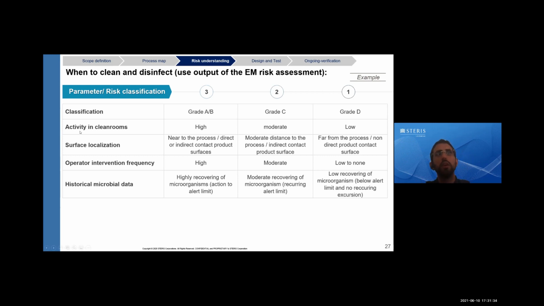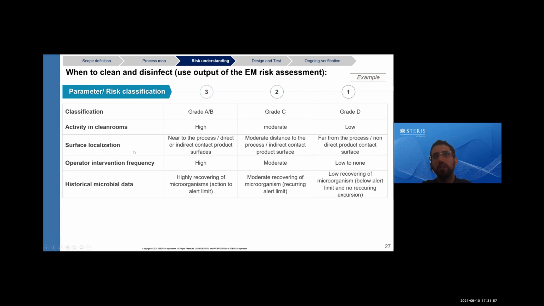Okay. The activity in the clean room is also important. If you are in one shift and then you start to ramp up your activity and have 2-3 shifts, then it makes sense to review and revise your cleaning and disinfection procedure to adapt it based on the activity in the clean room.